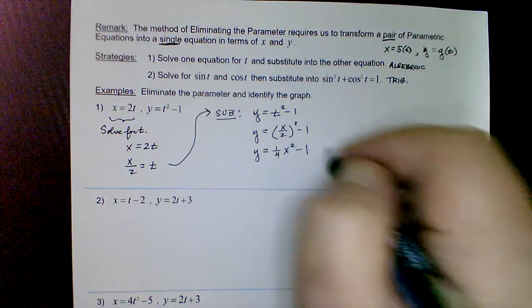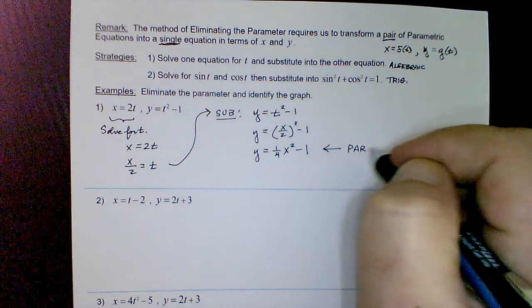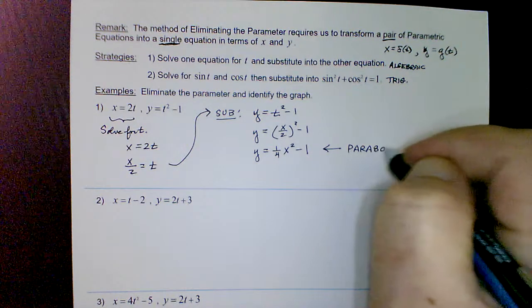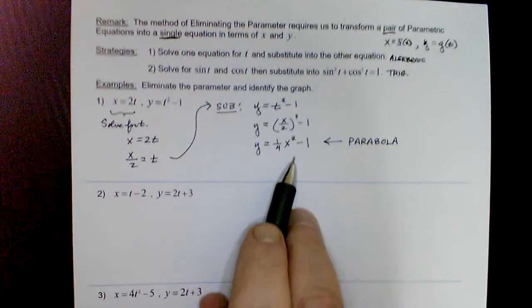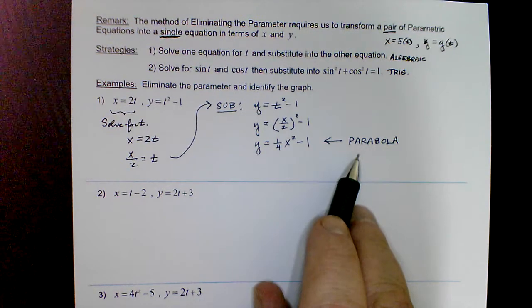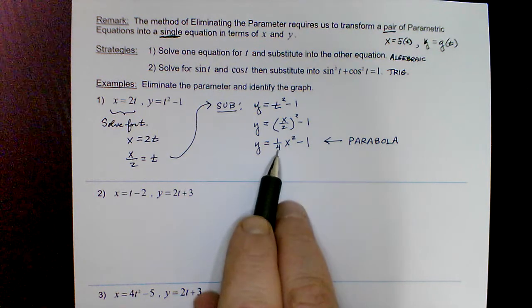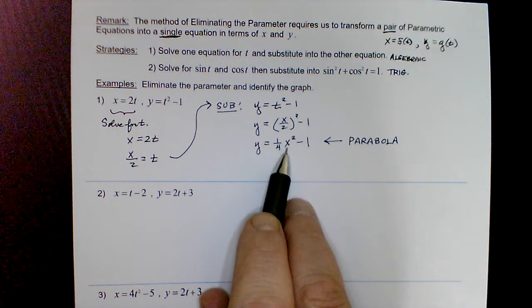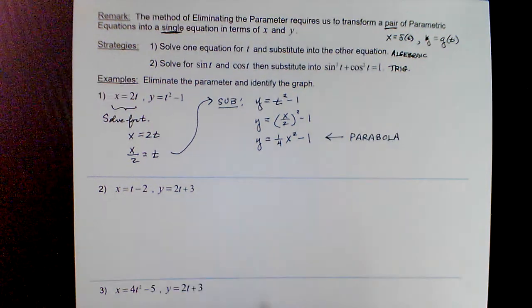And then by inspection, that's in standard form for a parabola. And so that's all I care about. Get the standard form for the equation. Tell me what type of graph it is. If you wanted to go further, you could say concave upward, because its y is in terms of x squared and the coefficient is positive.